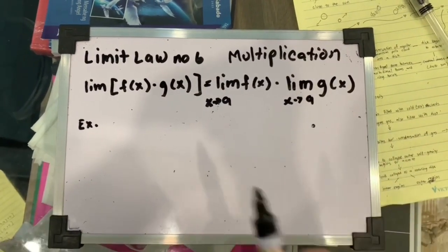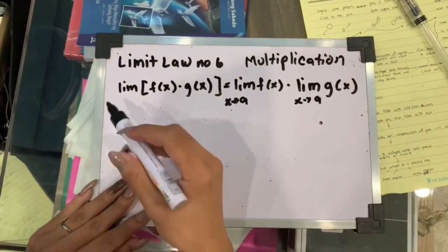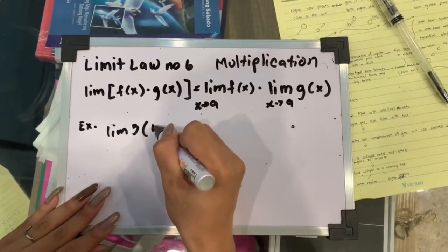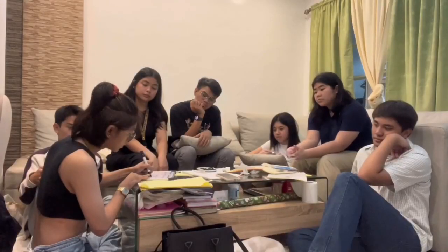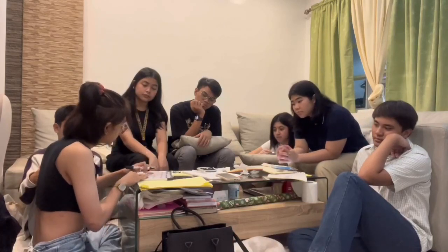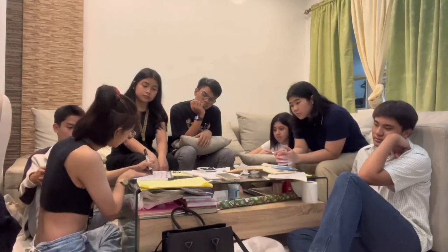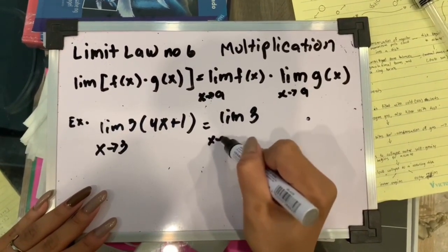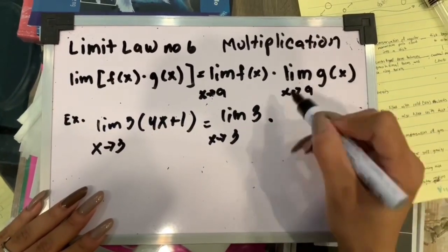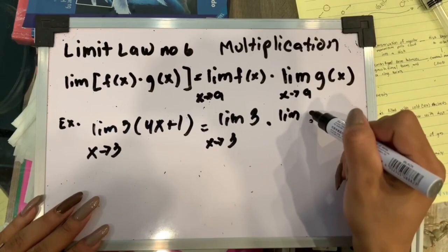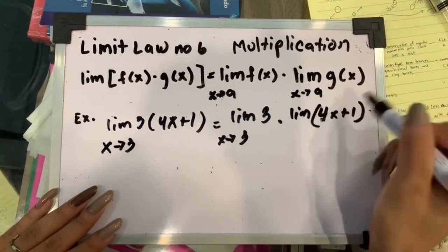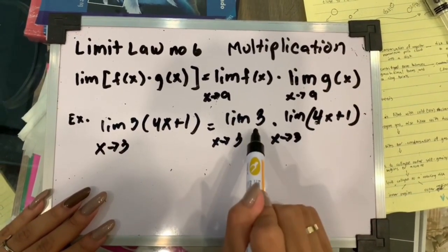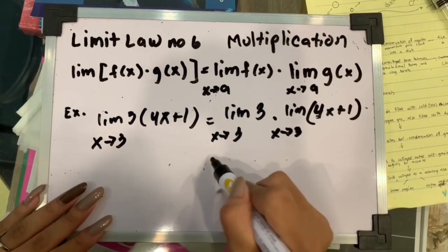The limit of 3 times 4x plus 1 as x approaches 3. So, moving the limit of 3, kasi hihiwalay mo silang dalawa. So, the limit of 3 as x approaches 3, and the limit of 4x plus 1 as x approaches 3.